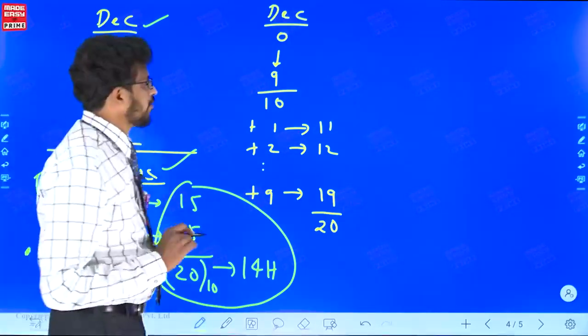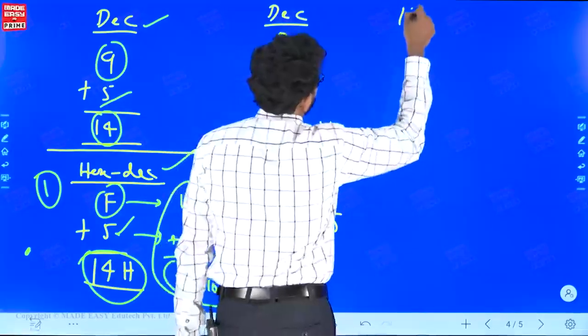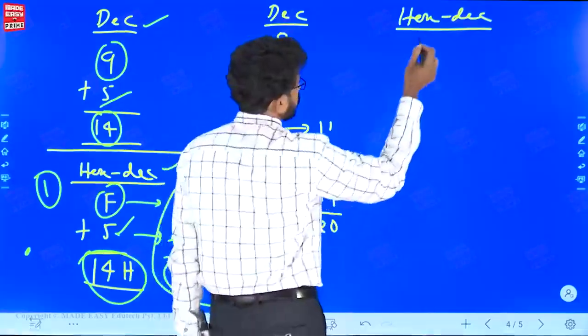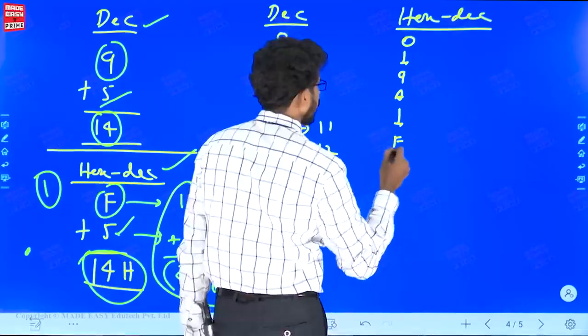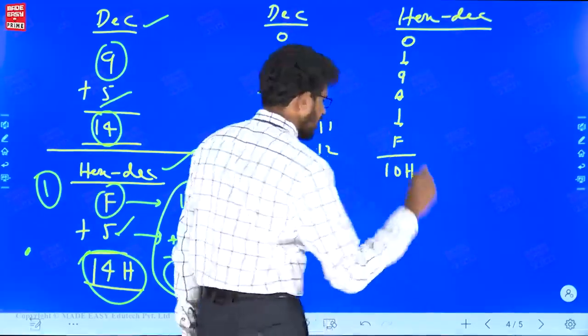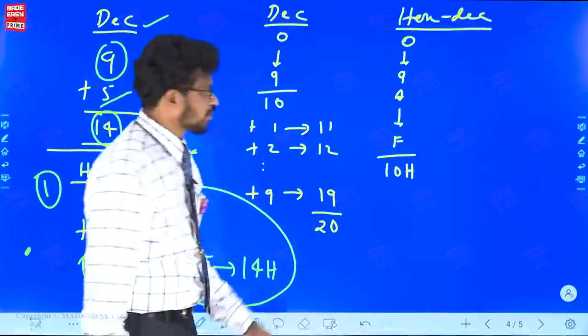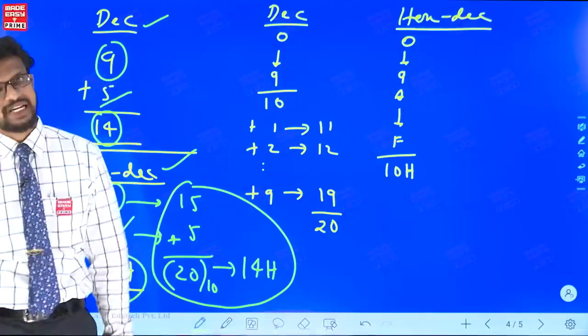Okay, fine. Now observe carefully. I am coming to the same concept with respect to hexadecimal numbers. In hexadecimal, what are the values? 0 to 9, A to F. The first junction is 10H. Now observe carefully, 10H. How many single-digit hexadecimal values can be added to 10H?